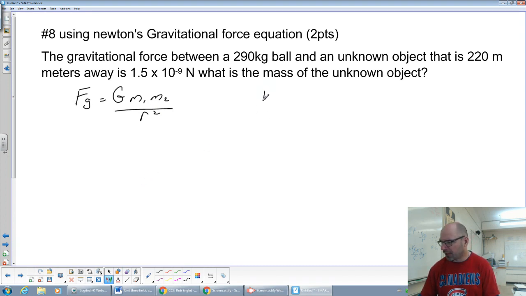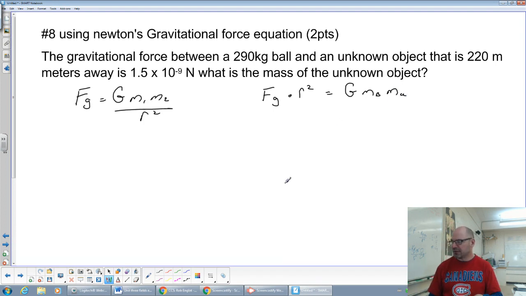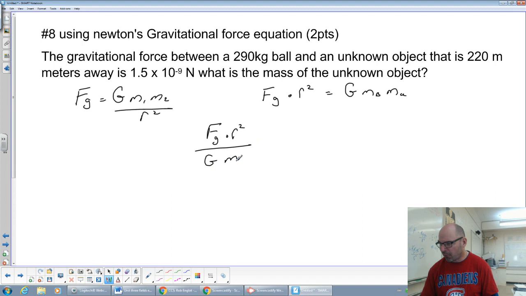If we rearrange it, force of gravity times R squared equals G times the mass of the ball times the mass of the unknown object. Then we just divide by G and the mass of the ball on the other side, and that's going to give us the mass of this unknown object.